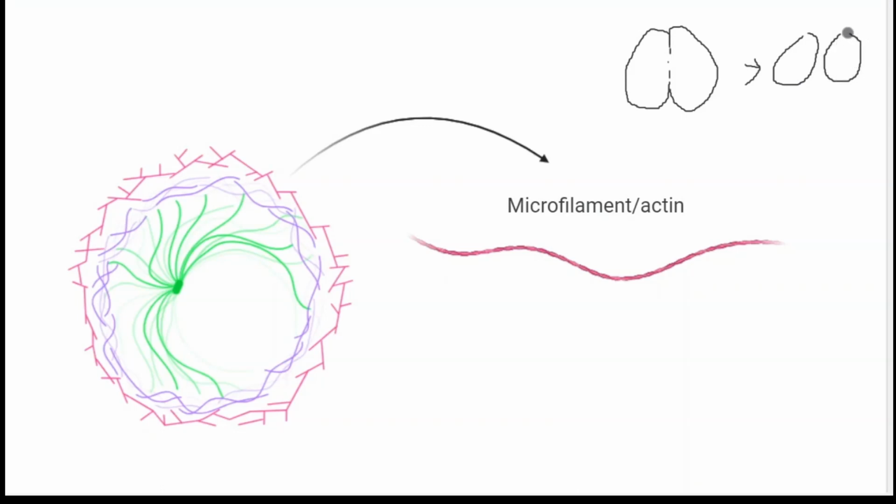This is cytokinesis, and microfilaments are important in that. And they also are highly dynamic, which means they can rapidly assemble and disassemble in response to cellular signals as well. So this is the general explanation of what microfilaments do.